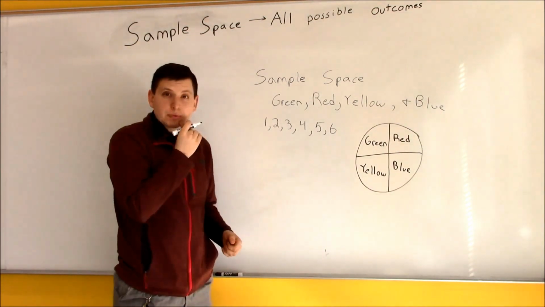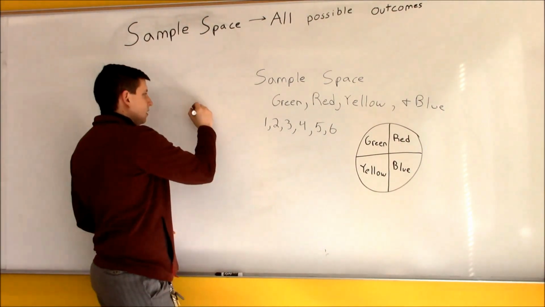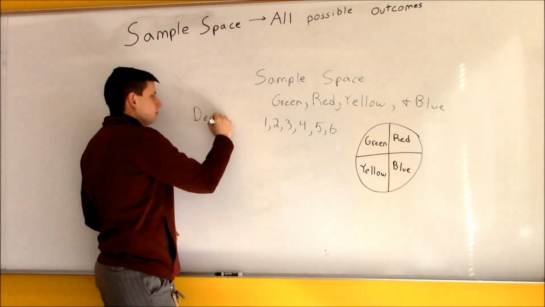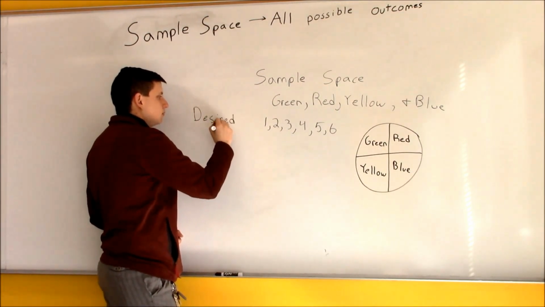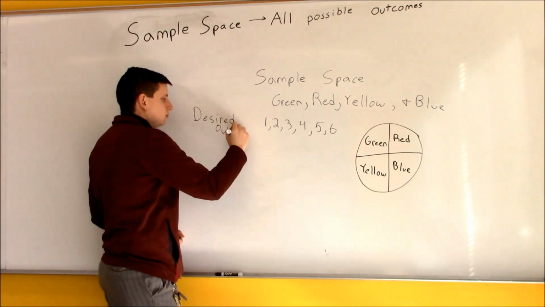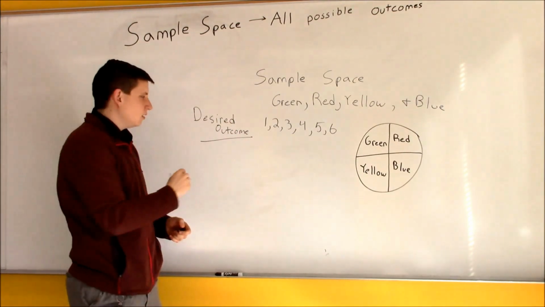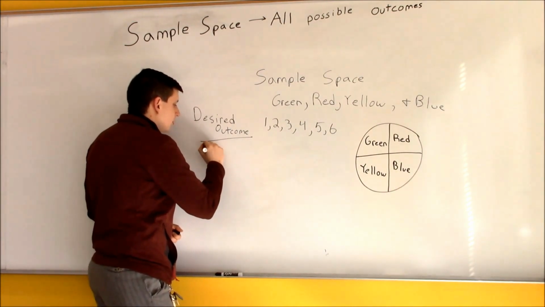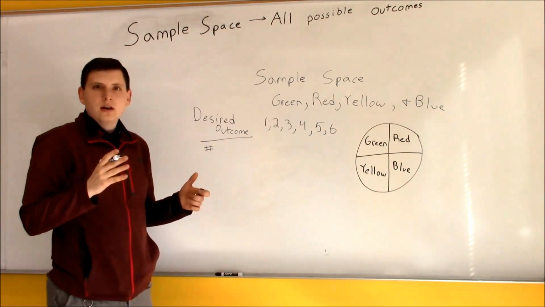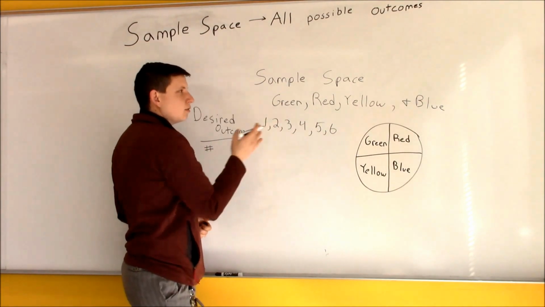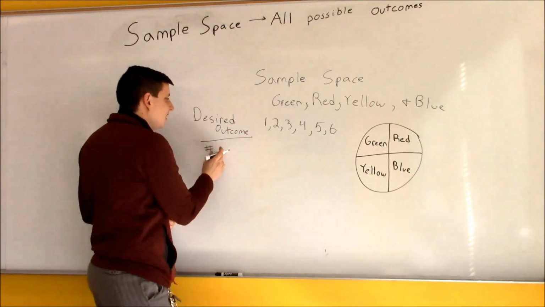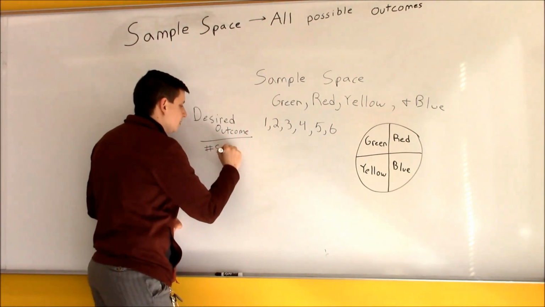Now when we're looking at probability, we have the desired outcome as the numerator, and that is over the number of objects or things that are in the sample space.